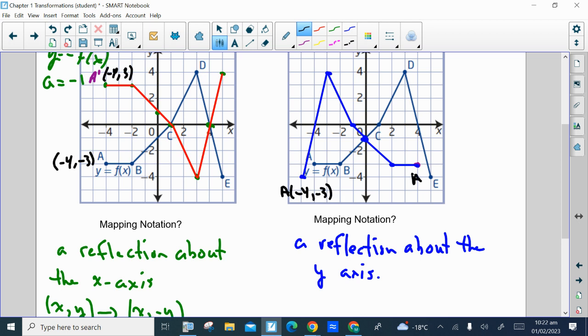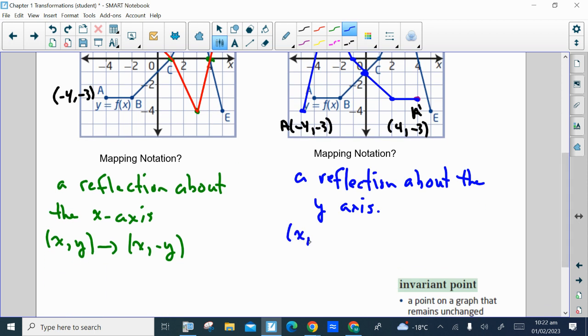Point A prime is at the point +4, -3. The y values are identical. What changed is the x values. And to get that, you could simply multiply the x value by -1. And so our mapping notation would be that x comma y maps into -x comma y.